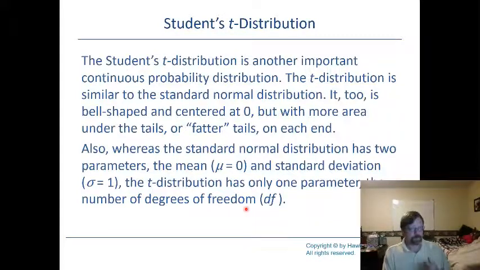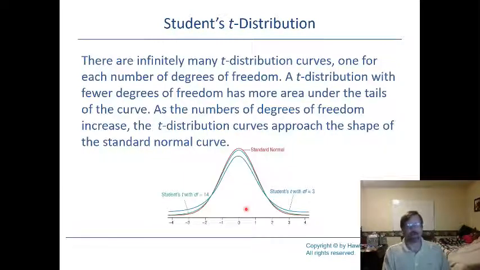So, as with the normal distribution, there are infinite possible t-distributions. It's one for each degree of freedom, though. The t-distribution is already a standardized distribution in that the difference from the mean is what it's giving. You're not doing a raw data type thing like with the normal distribution, where you standardize it to get z-scores.